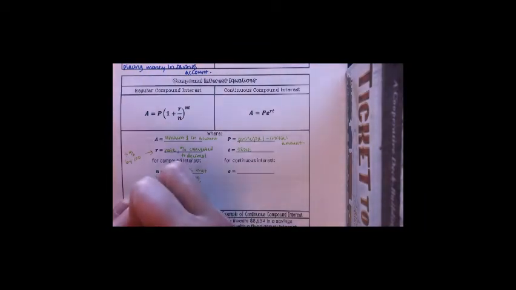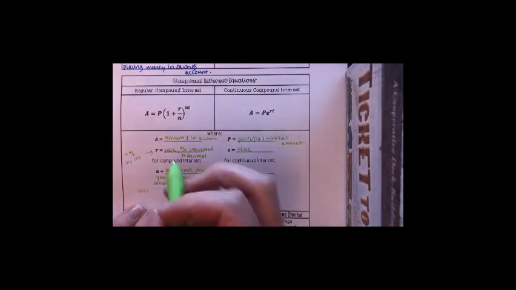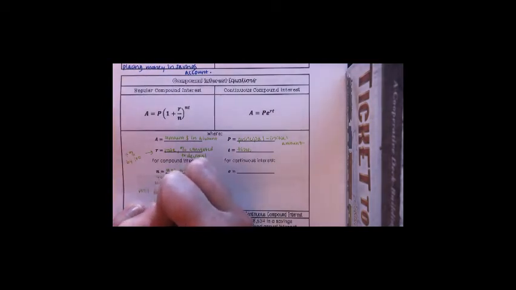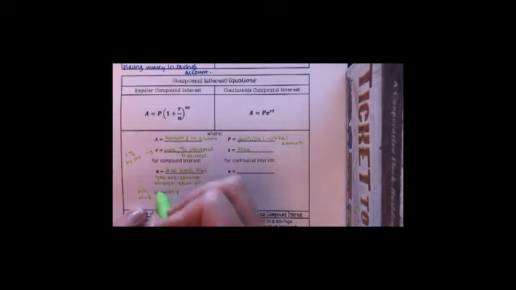So N could be 1. If N is 1, then in the question it'll say that you're earning interest annually. That's 1 time per year. If N is 2, in the question it might say you're earning interest semi-annually. Another word they could use is quarterly. So they're splitting the year into quarters, and that would make N be 4.